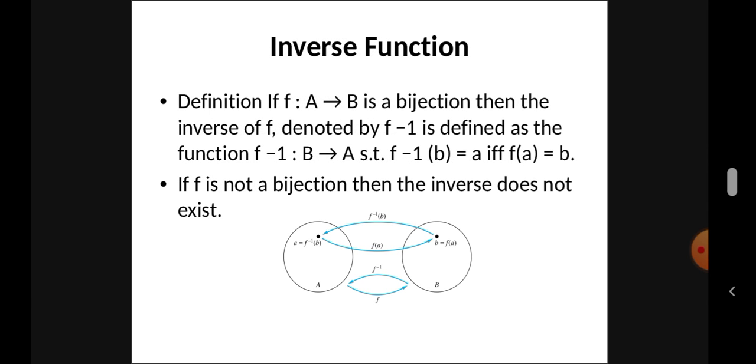Okay, then next we will talk about the inverse function. So what is an inverse function?